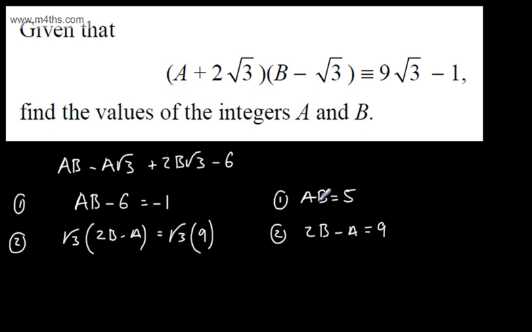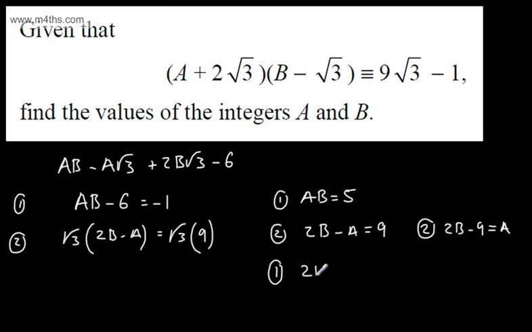We now have simultaneous equations that we need to go ahead and solve. I'm just going to rewrite equation 2, subtracting 9 from both sides and adding a: 2b minus 9 will be equal to a. I'm now going to substitute that into equation 1 to eliminate a and get an equation in b.